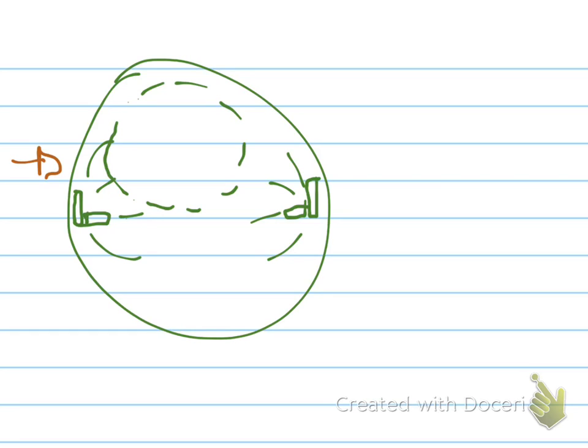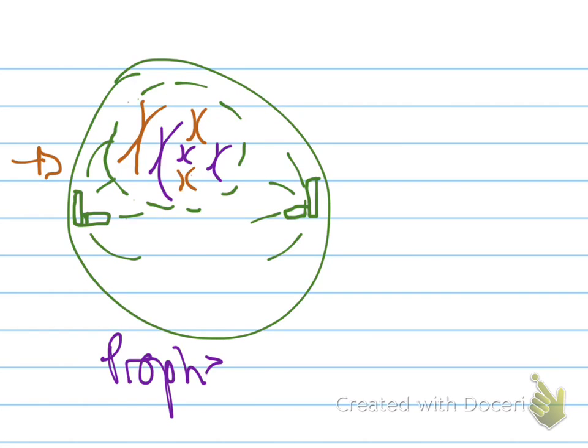And then our chromosomes pair up. The 2 long ones that are exact copies of each other will pair up. The 2 short ones, the 2 medium ones that are exact copies of each other will pair up. This is prophase of mitosis.